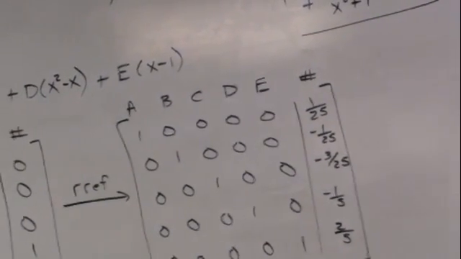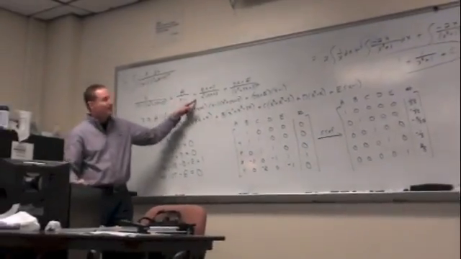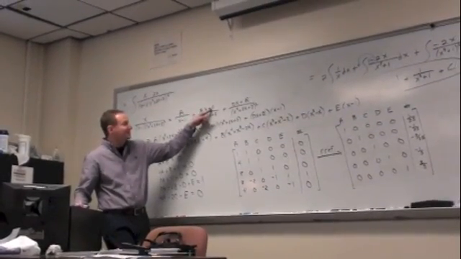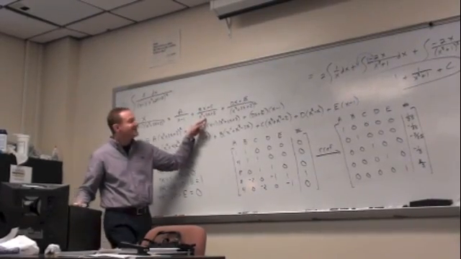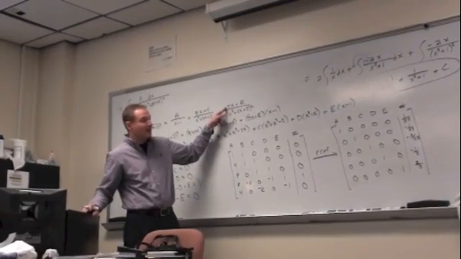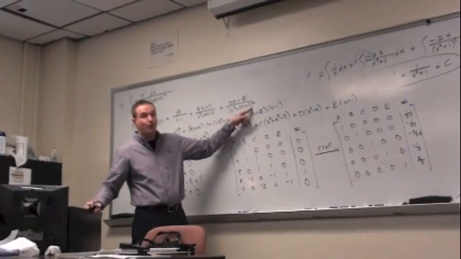So you'd have the integral of 1/25 over x minus 1, plus negative 1/25 x minus 3/25 over this group, plus negative 1/5 x plus 2/5 over this group squared.